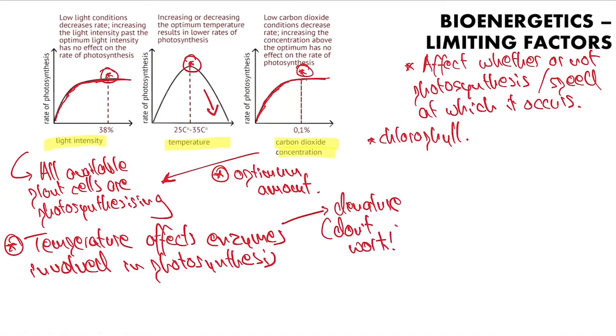And because they play an important role in photosynthesis, it means photosynthesis can't happen anymore. So the rate of it just starts to decrease and decrease and decrease.